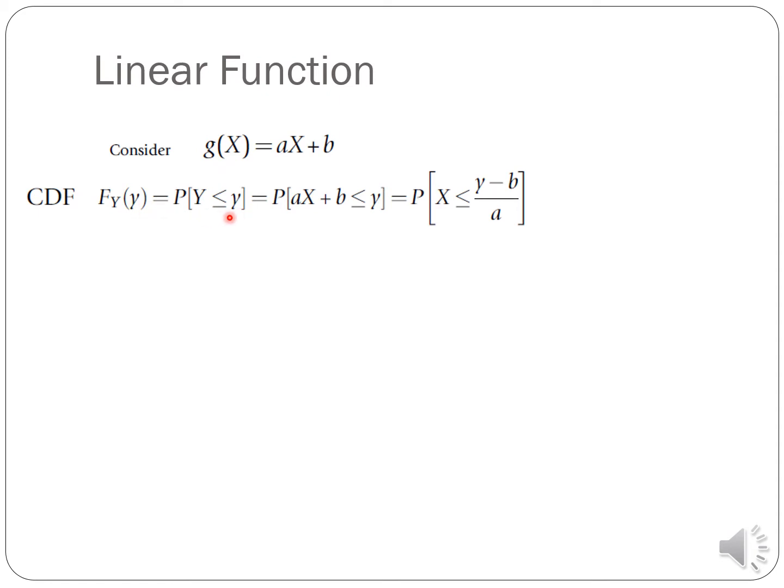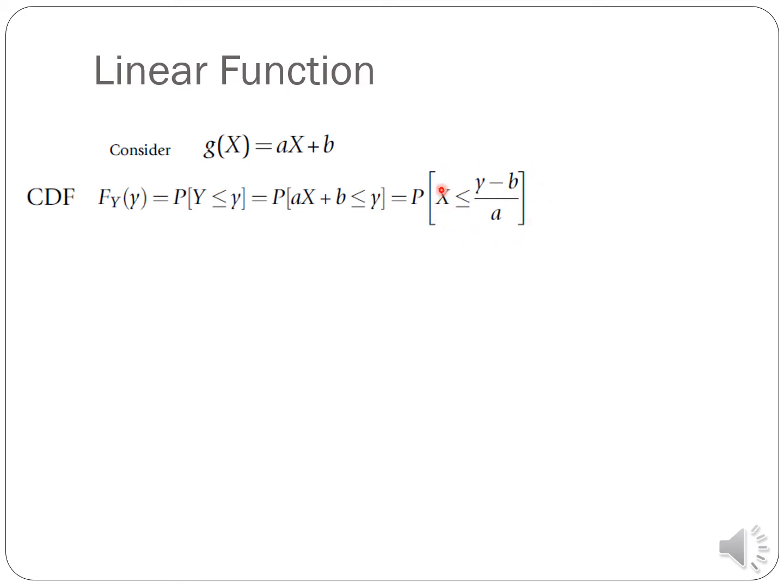We can write down probability of Y less than or equal to y, and then Y will be replaced by ax plus b. So we can rewrite this like this: x is less than or equal to (y minus b) divided by a. You can see we can transfer the b to the right side and rewrite the expression like this.